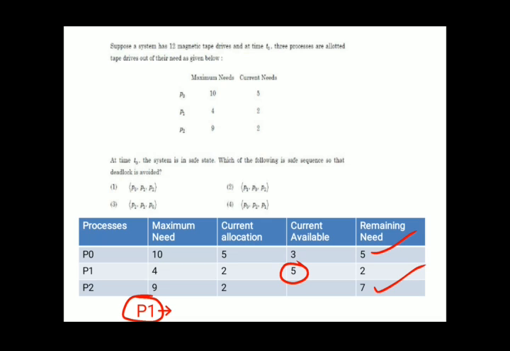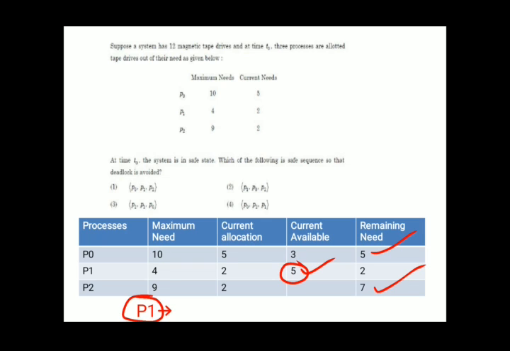So it satisfies the P0 remaining need, because P2 requires 7 resources and we have 5 available, and 5 is less than 7. So we allocate these 5 resources to P0, and after finishing its work, P0 releases all its resources.